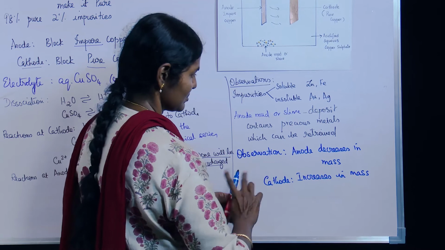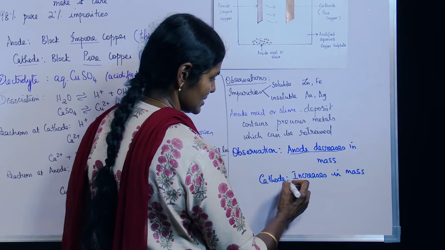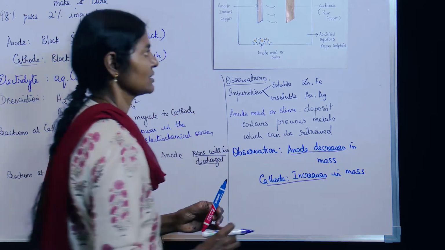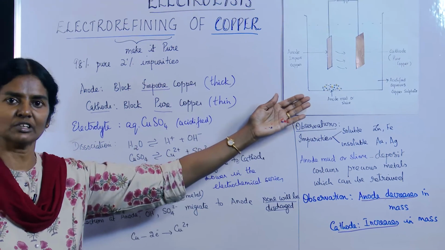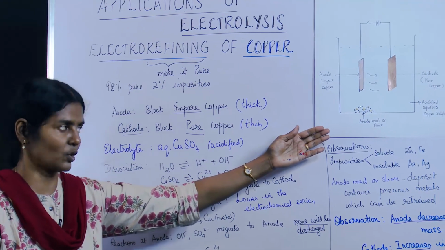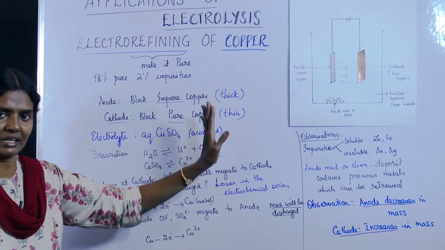So these are the observations, and of course you have the anode mud or slime that is formed, and the soluble impurities will be dissolved in the electrolyte.